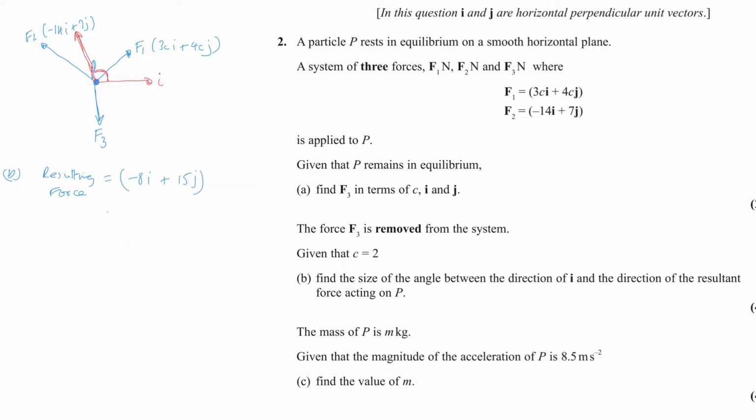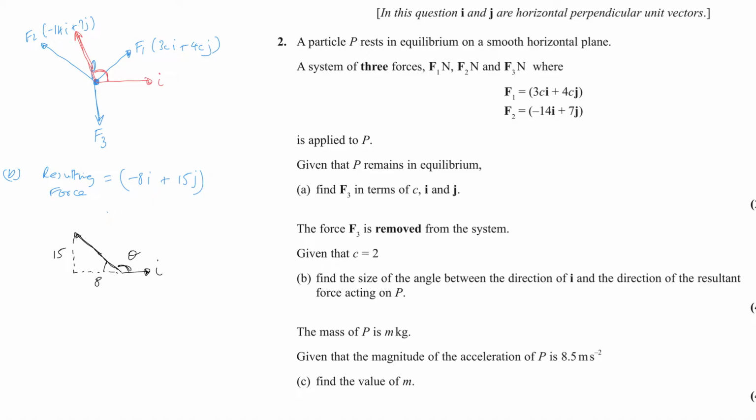So i is across this way, and then we've got 8 to the left, 15 up. What we want is that angle theta there, the one that makes the angle with i.